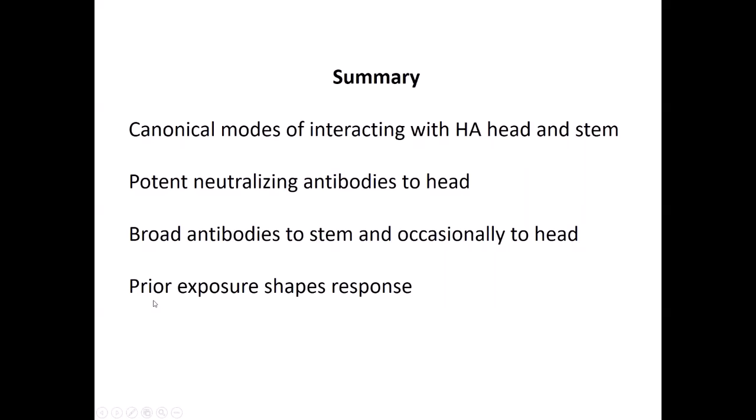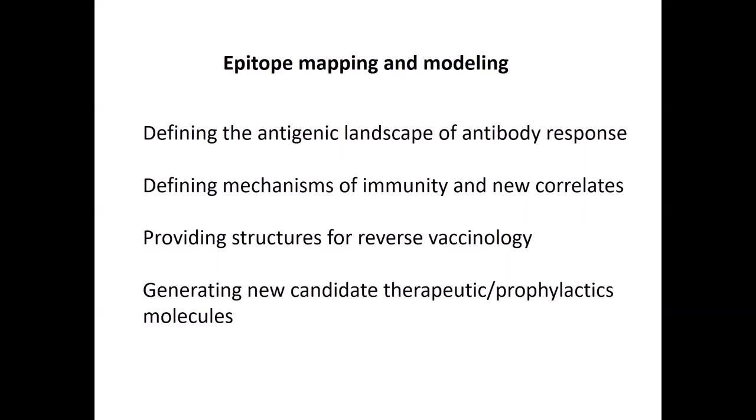And certainly, I talked about 100-year-old people, healthy adults, children. Your prior exposure greatly determines the types of B cells that you have available to respond in a memory response, and you may or may not see particular antigens depending on your prior exposure. The other thing, I just give you two more summaries. One is, what's the purpose of doing this sort of academic work?